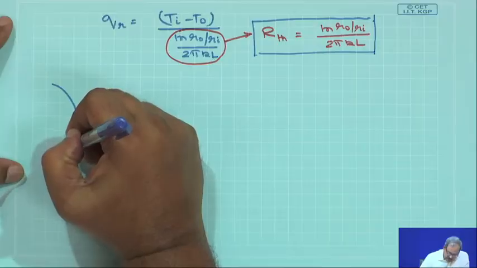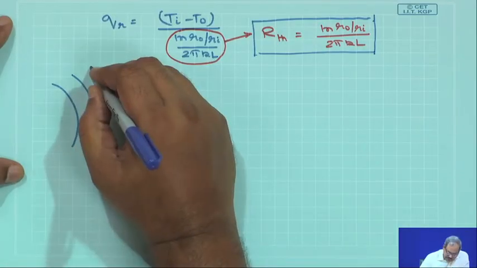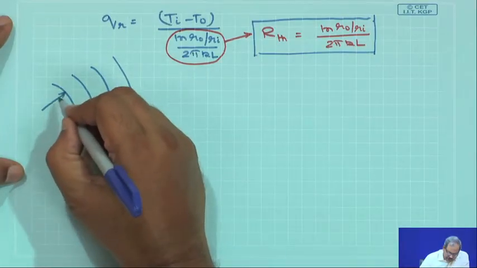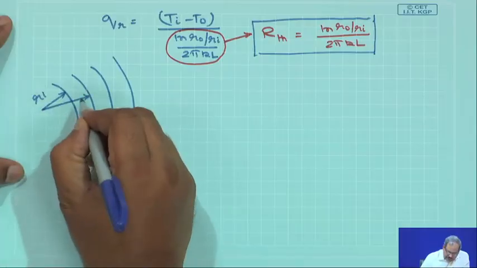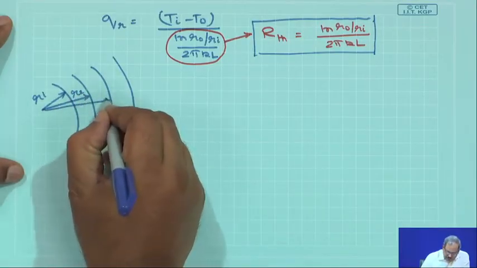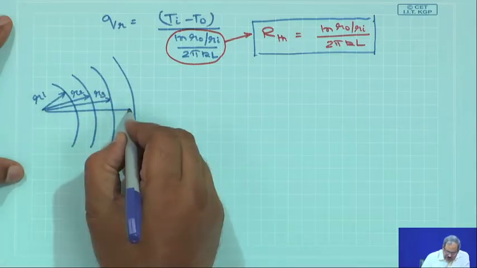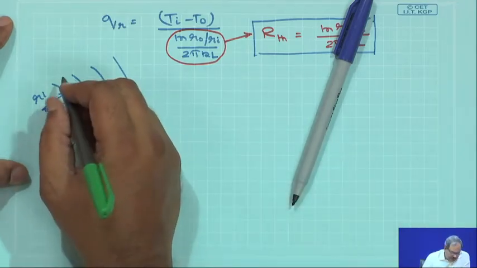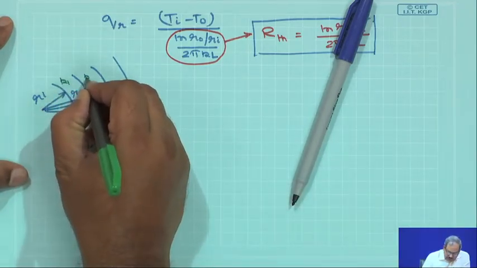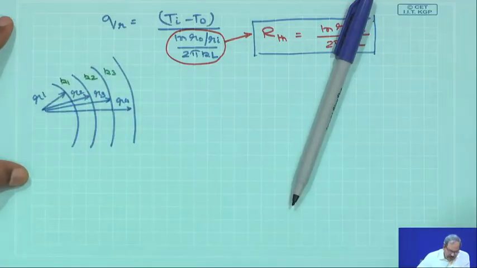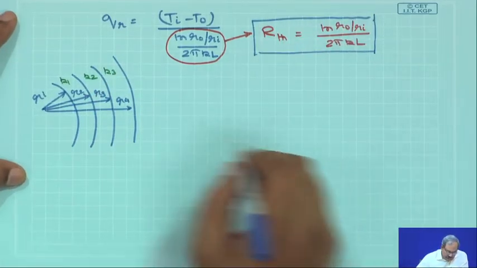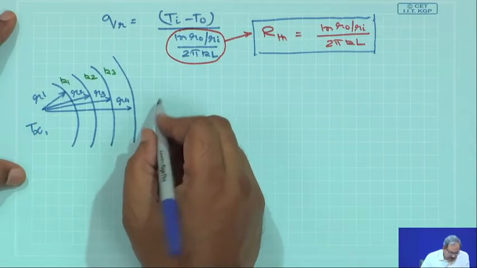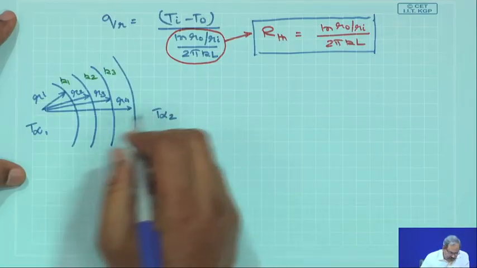And let us assume that you have a composite situation in which you have a number of walls like this. This is R2, similarly you have R3 and R4, with each one having thermal conductivity of K1, K2 and K3, and you also have convection inside as well as convection outside.